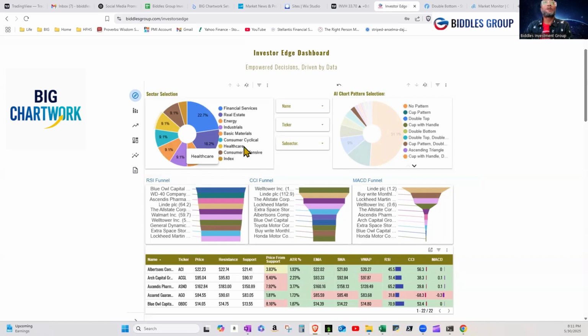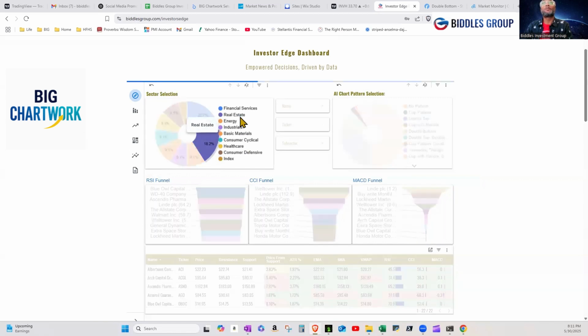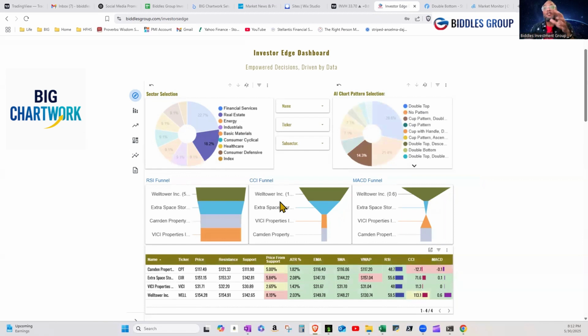Healthcare did good this week. Let's just dive into real estate. We saw real estate was doing good. Let's see what cup patterns exist in real estate. This is the great thing about this. We can zone in on what's performing well and what has momentum.